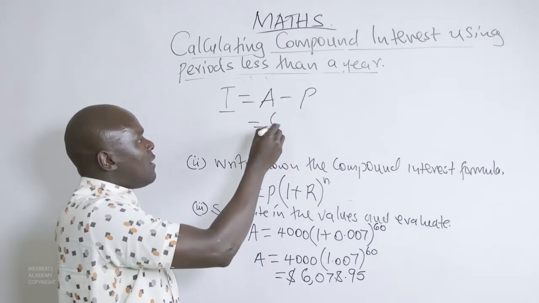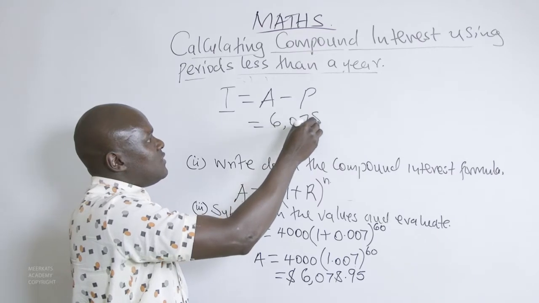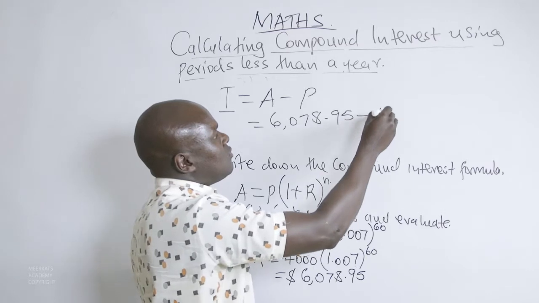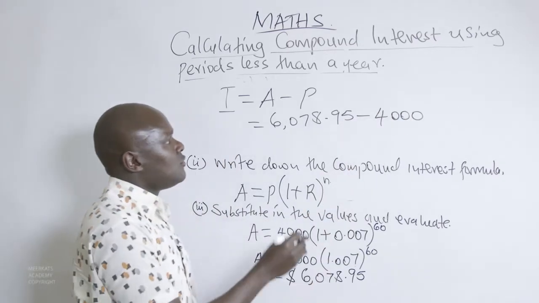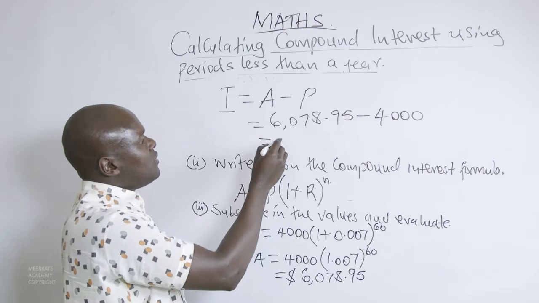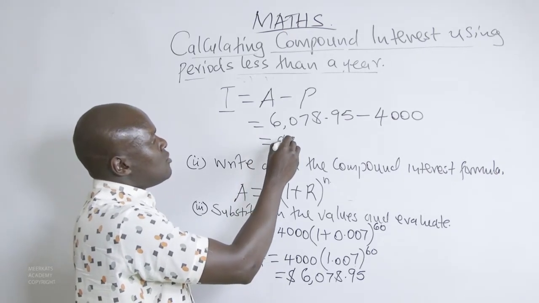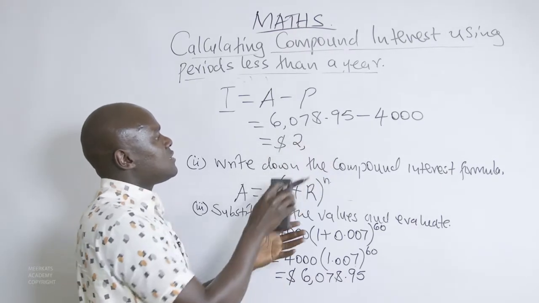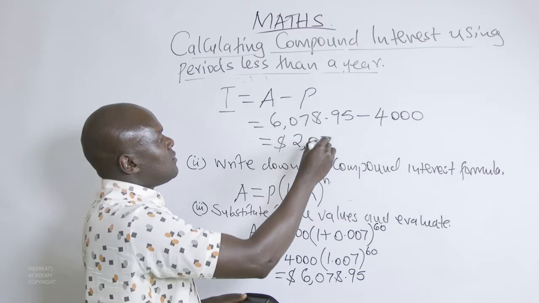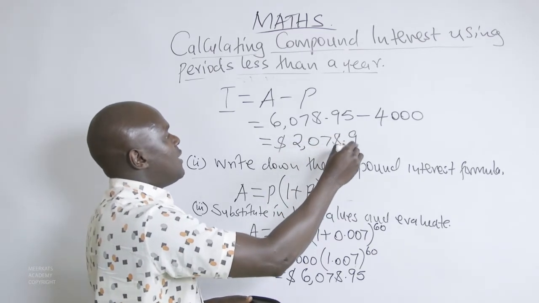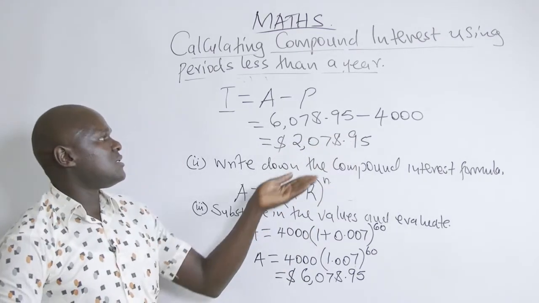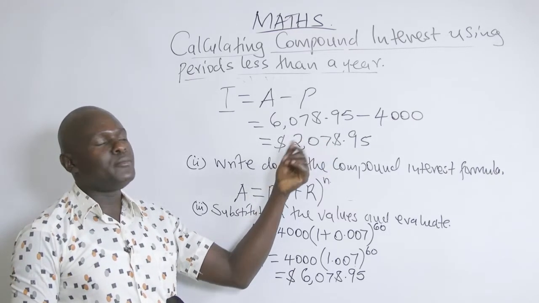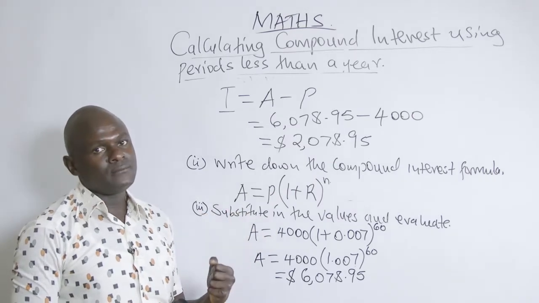The amount we have is $6,078.95, and our principal is $4,000. So when you subtract this, you will get the interest as $2,078.95. This is the amount of compound interest that will be accumulated over a period of 5 years.